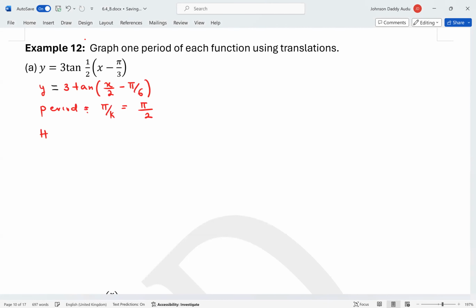But here we also have the horizontal shift, which is x equals minus b over k, and what is b here? B is minus, so you have minus pi over 6. Now, what is k? Let me just write everything here. Our k is 1 over 2, right?